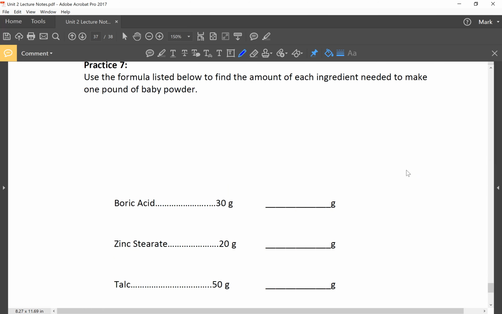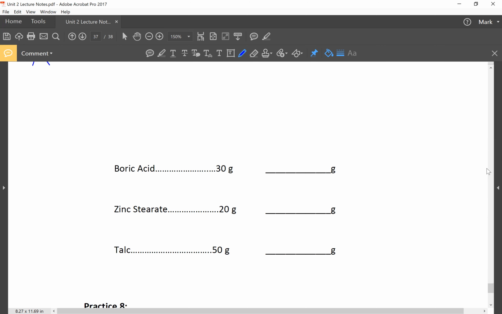Now, this one has a little bit of work involved because I can't easily calculate my conversion factor here. There's a little bit of information I need first. How much of this baby powder am I actually making?